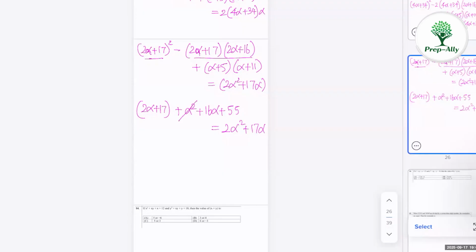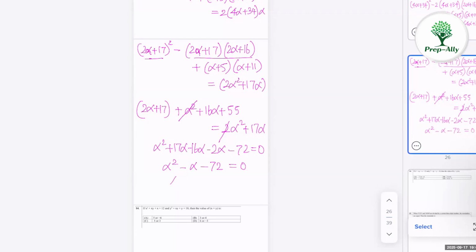So we can cancel these terms here. We'll be left with alpha square plus 17 alpha minus 16 alpha minus 2 alpha minus 55 plus 17. That is minus 72 equals 0. So we have alpha square minus alpha minus 72 equal to 0.